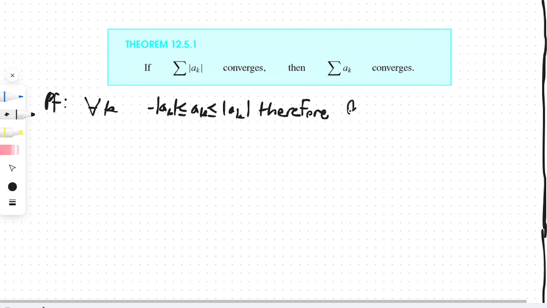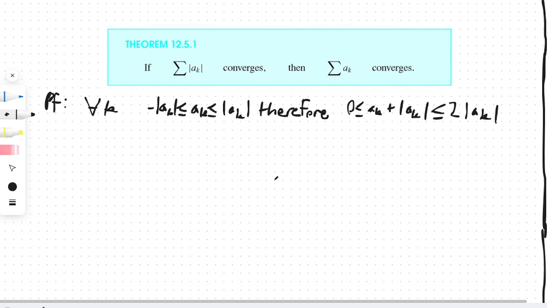Now we can say 0 is less than or equal to a_k plus absolute value of a_k, which is less than or equal to 2 times the absolute value of a_k. So now we have all these terms, and they're quite nice, because we are basically at our comparison test. We just need to show that this 2 times absolute value of a_k will also converge, and then we can say that these terms here will also converge.